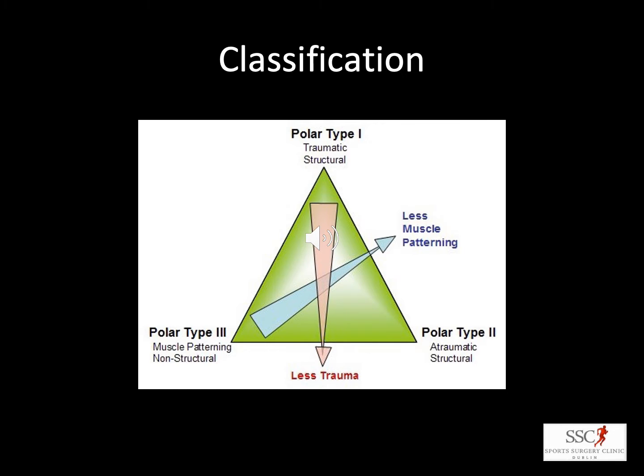Type 2 relates to atraumatic structural lesions, for example, in patients with hyperlaxity who develop instability on a background of minor trauma. Type 3 relates to muscle patterning. The key point is that one can move throughout this triangle from one type to another depending on the effect of trauma, muscle patterning, and laxity.